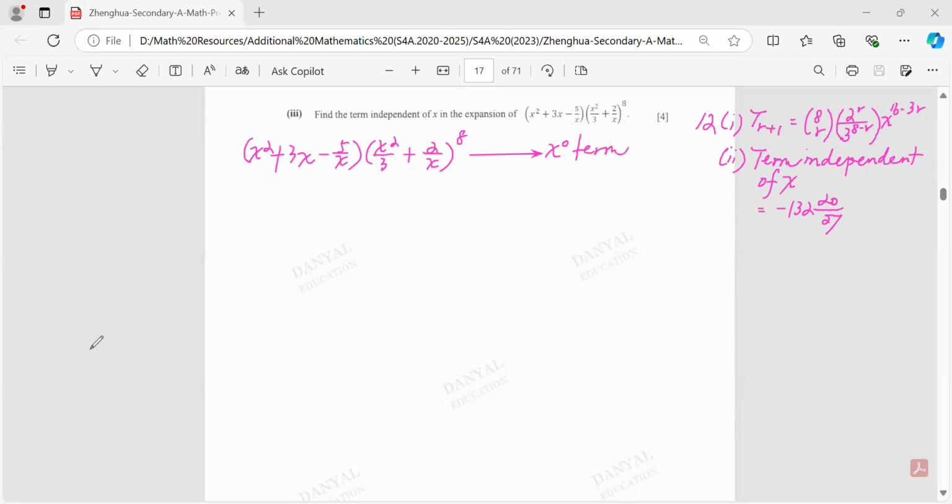So the understanding is that if I have an x squared term, then I'm looking for a 1 over x squared term. And if we have the x term, I should be looking for 1 over x terms.